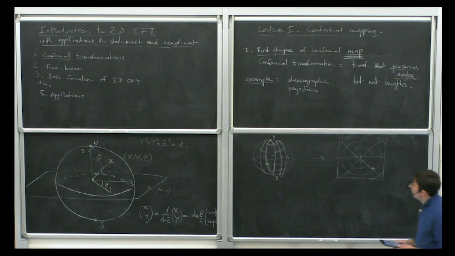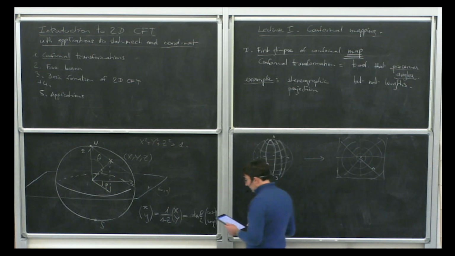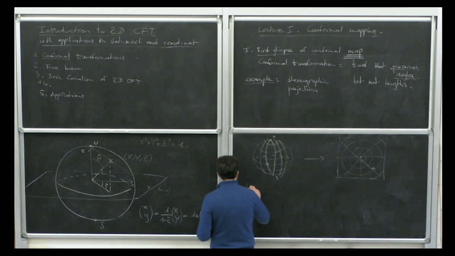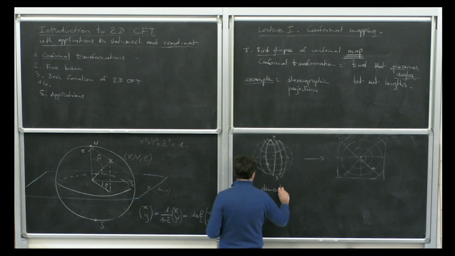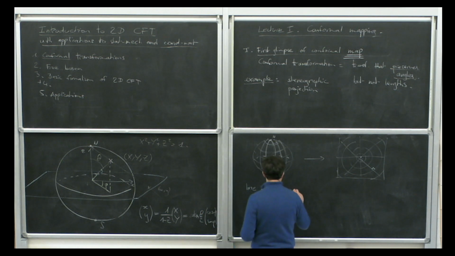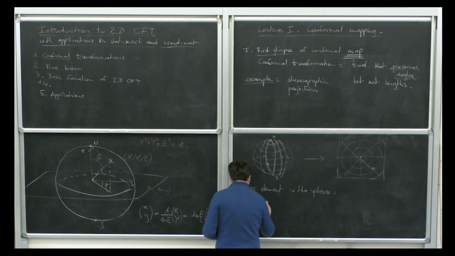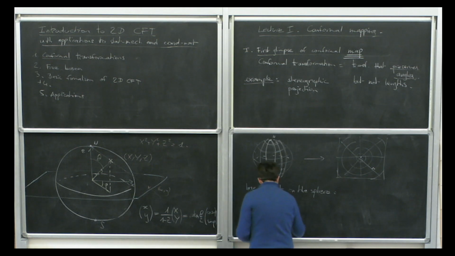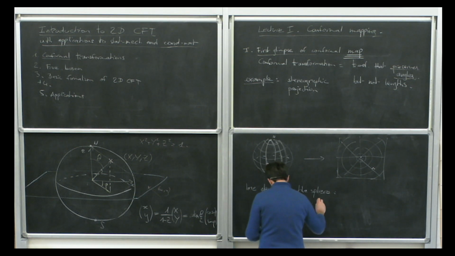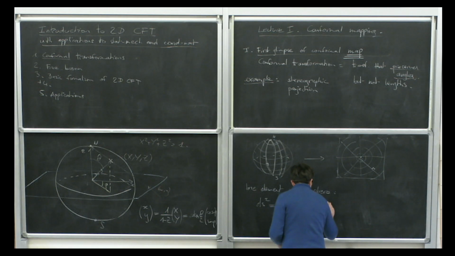Okay. Now, if you want to go a little bit deeper into the formulas, you can write the line element on the sphere. In spherical coordinates, this is d theta squared plus sine theta squared d phi squared.